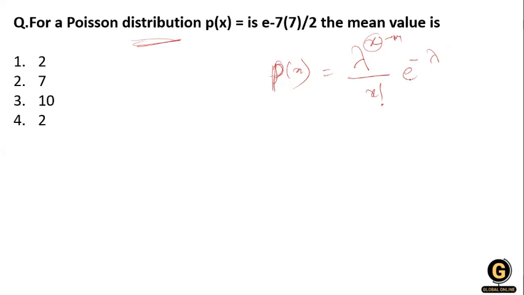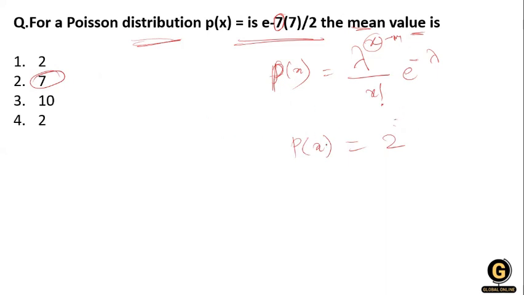So what is it? This is the mean. Here the mean value is 7. How do we write it with this formula? P(X = x), where lambda is 2 and x is 7.